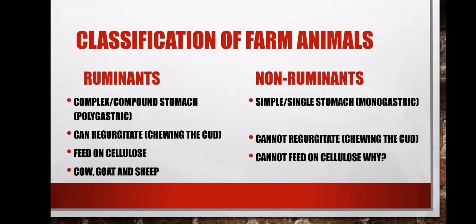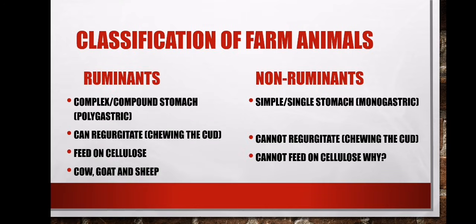Then we will ask why. And if I can just highlight it to you here, for an animal to digest the cellulose, they require microorganisms. So when you look at a non-ruminant animal, they don't have microorganisms.